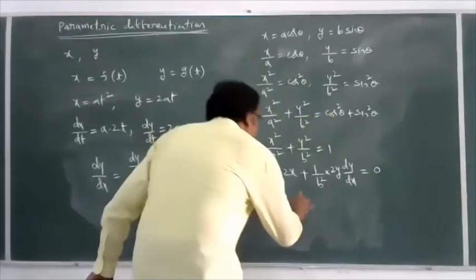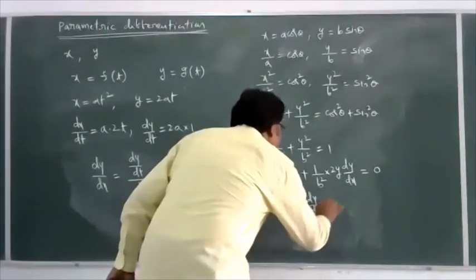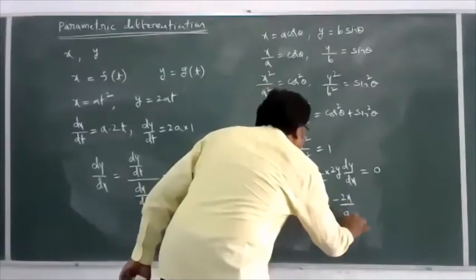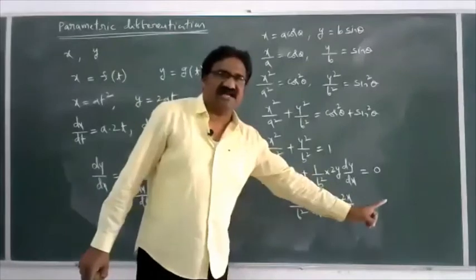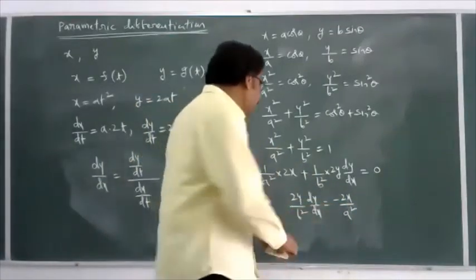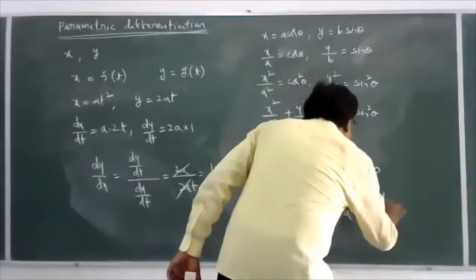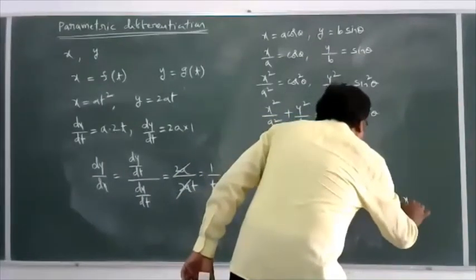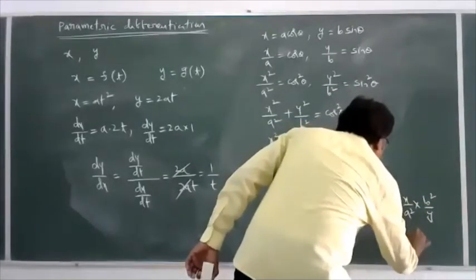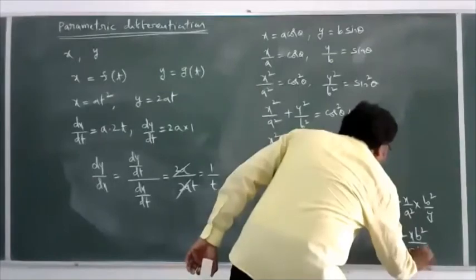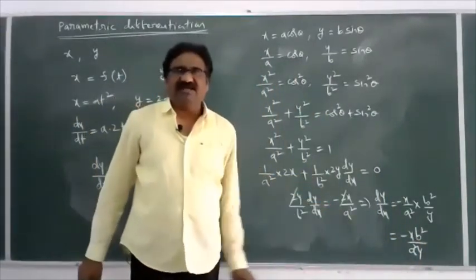From this you get 2y by b square into dy by dx is equal to minus 2x by a square. You bring 2x by a square to the other side, then you get minus 2x by a square. Both sides 2 cancel. From this you get dy by dx is equal to minus x by a square into b square by y, that is minus x b square by a square y. This is the required dy by dx.